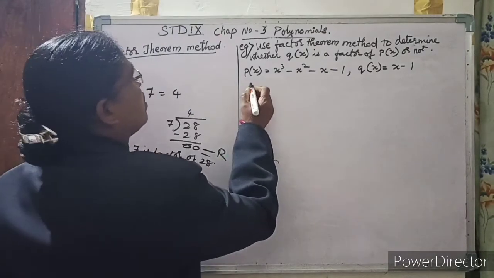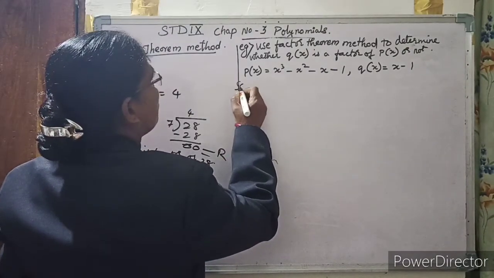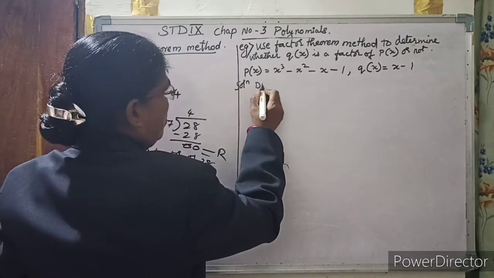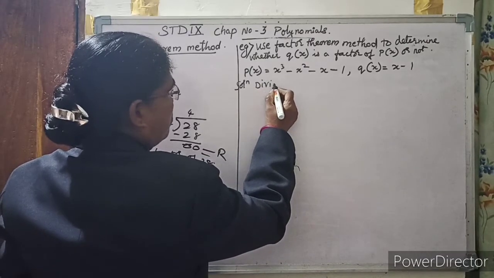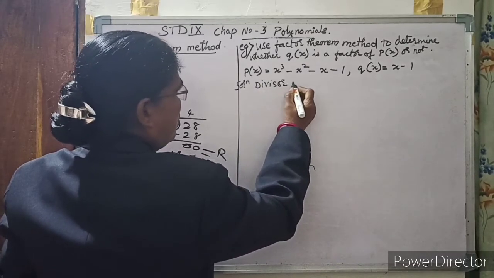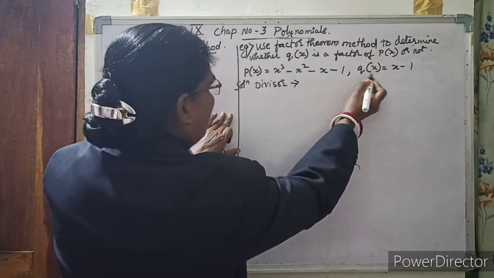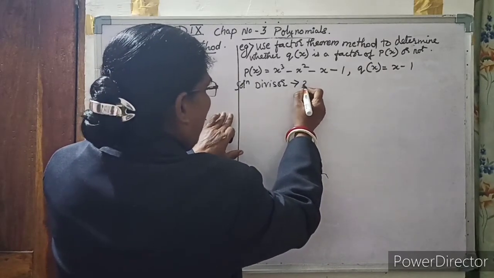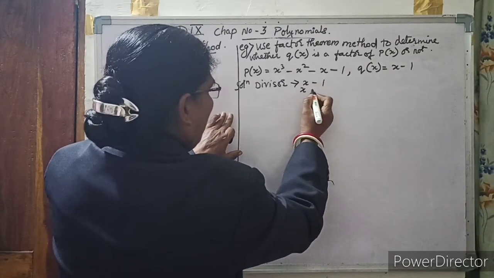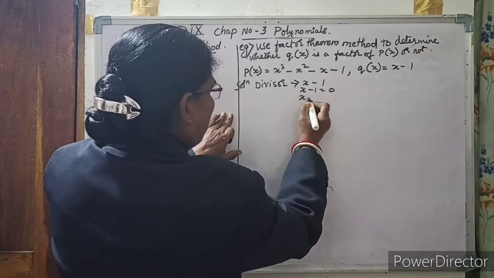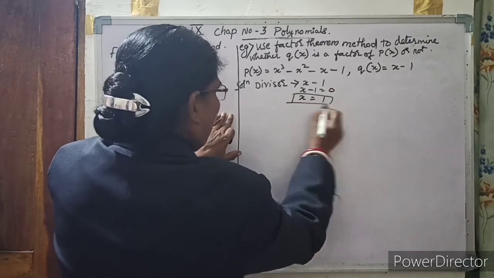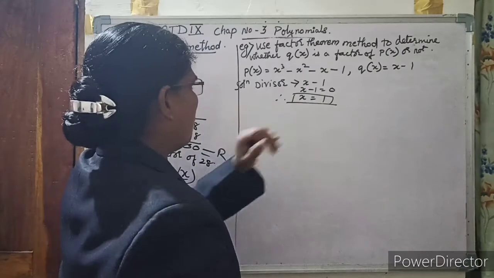So we take the divisor, that is, polynomial q(x) equals x minus 1. So x minus 1 equals 0, x is equal to 1. Therefore we got the x value equal to 1.